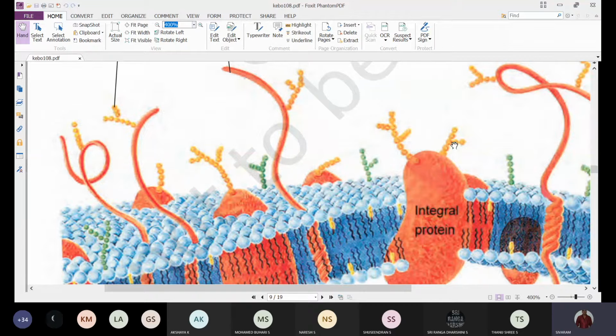Such proteins which are associated with carbohydrates, we call glycoproteins. The proteins which are usually associated with the cell membrane are usually glycoproteins. They are mostly associated with carbohydrate molecules. That's why we call them glycoproteins.